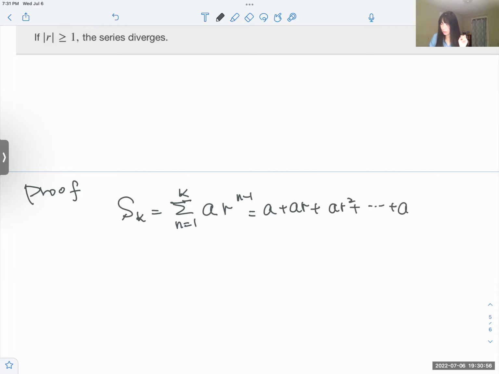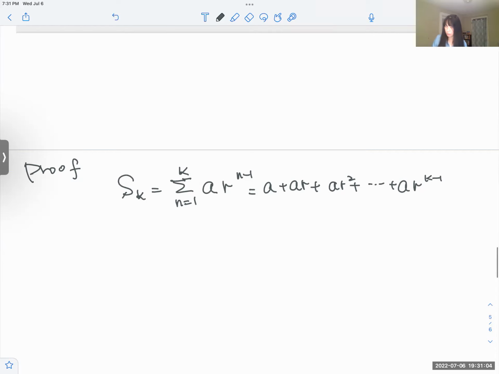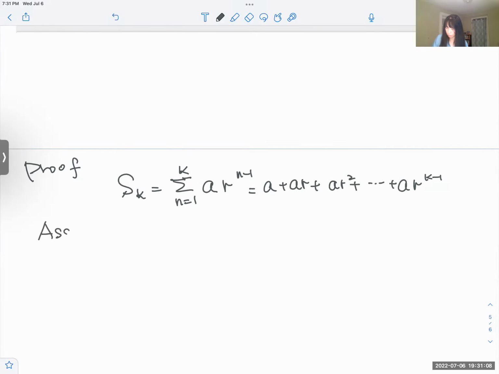Then we get ar to the k minus 1. So let's just assume r is not equal to plus minus 1.